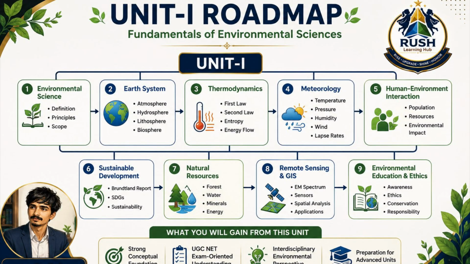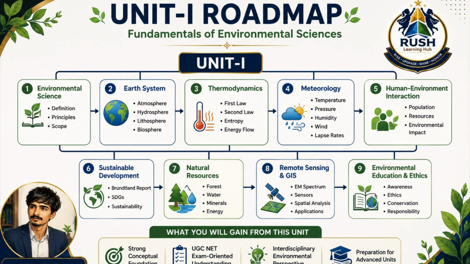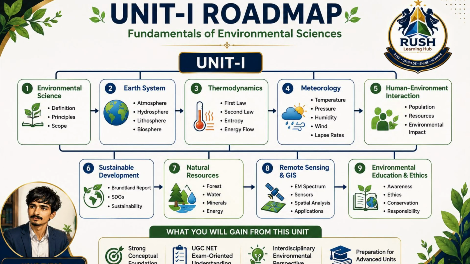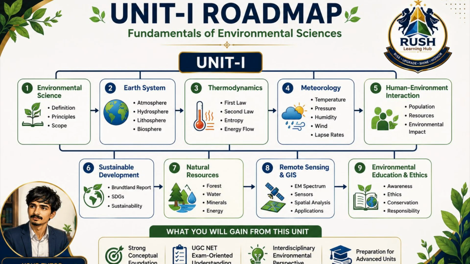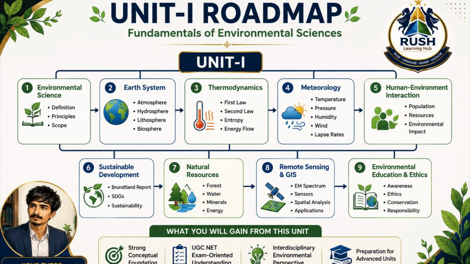After studying the Earth system, we move to thermodynamics. Every environmental process involves energy. Whether it is climate, ecosystems, water cycles, or biological activities, energy plays a central role. Therefore, we will study the first law of thermodynamics, the second law of thermodynamics, entropy and energy flow in environmental systems.